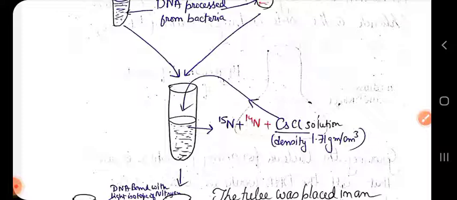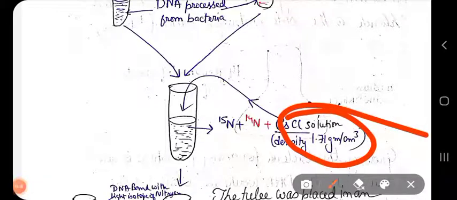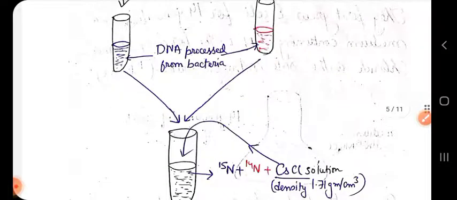Because the density of cesium chloride solution is similar to DNA, 1.71 gram per cubic centimeter, which is the same density of DNA.